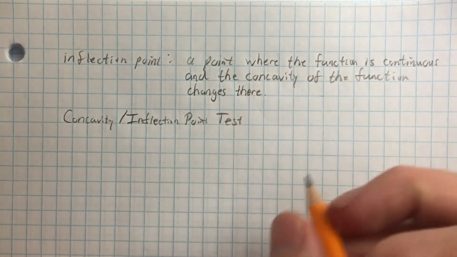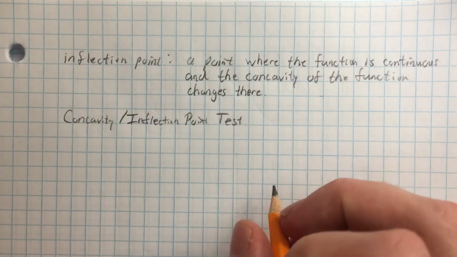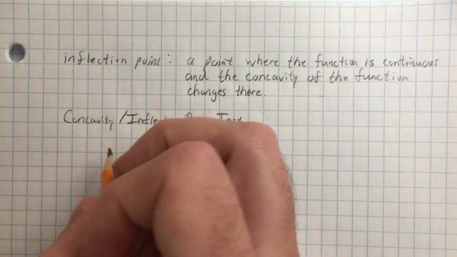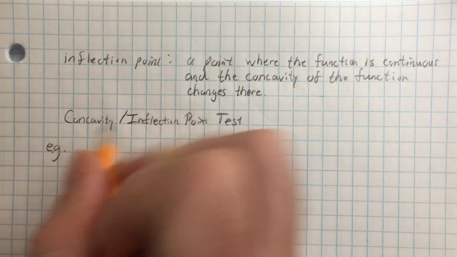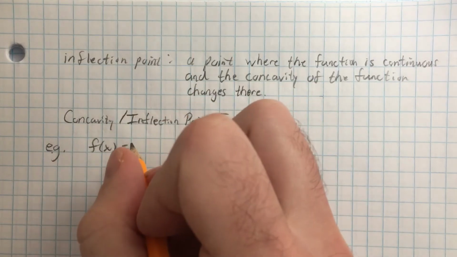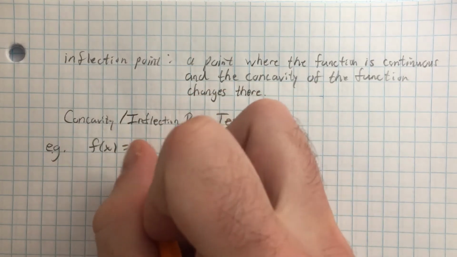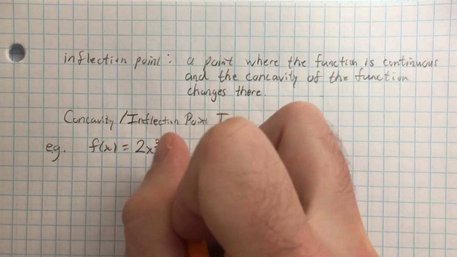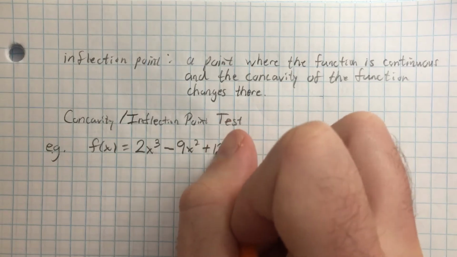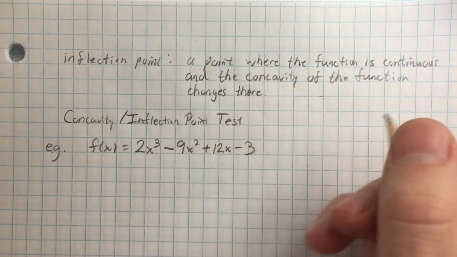As a matter of fact, it's totally analogous to the first derivative test for relative extrema. I'll try to point that out as I go. So let's just take an example here. We'll take f of x equals 2x cubed minus 9x squared plus 12x minus 3.